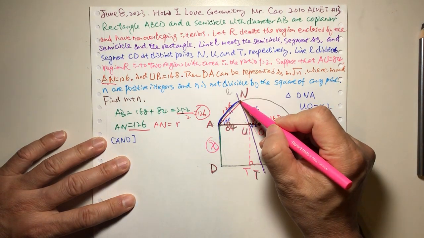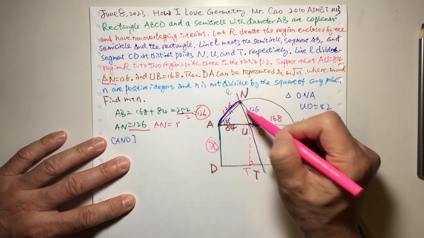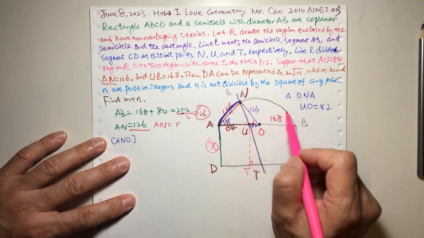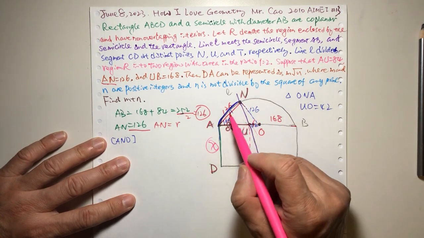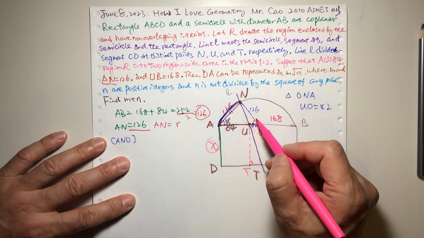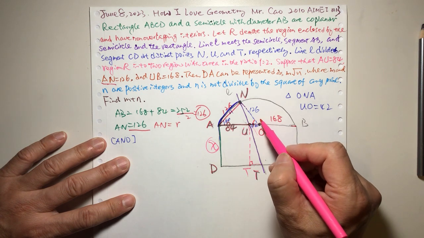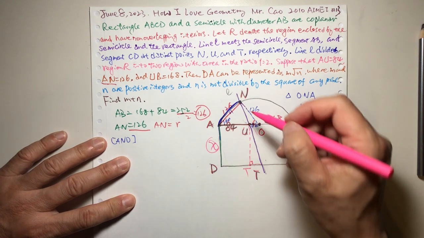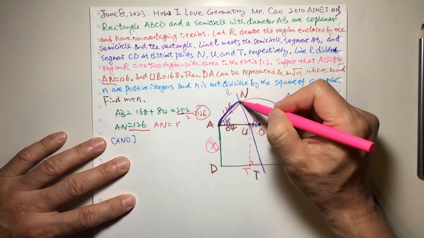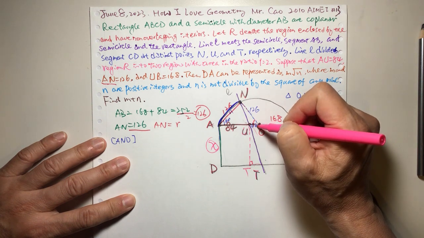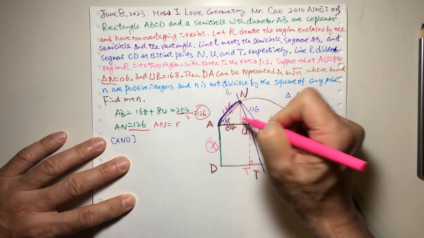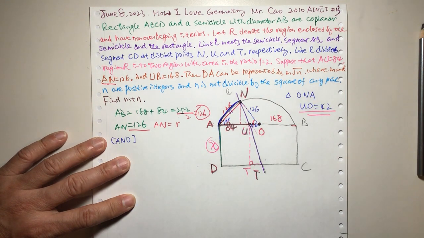And this part is just 1/3 of the semicircle area, or 1/6 of the whole circle, because this is 60 degrees out of a total of 360, or 1/3 of 180 degrees. Then we subtract the area of this triangle. How do we calculate this triangle area? We know UO is 42.